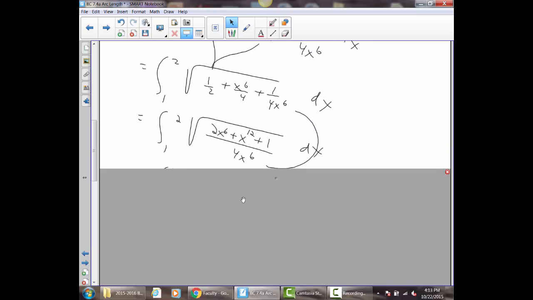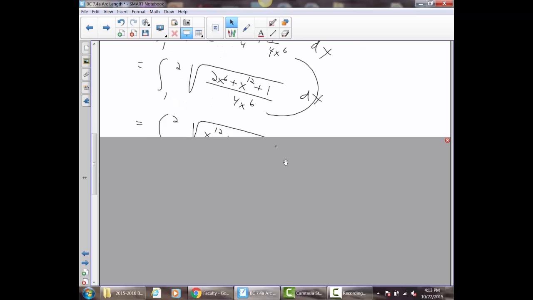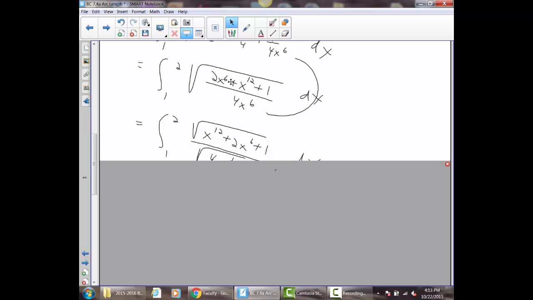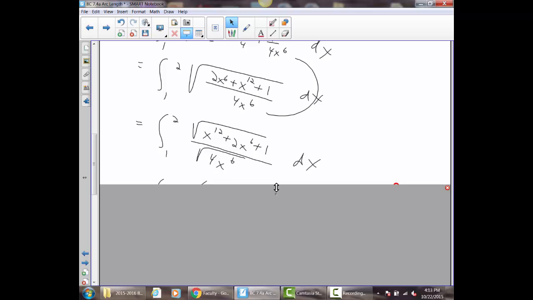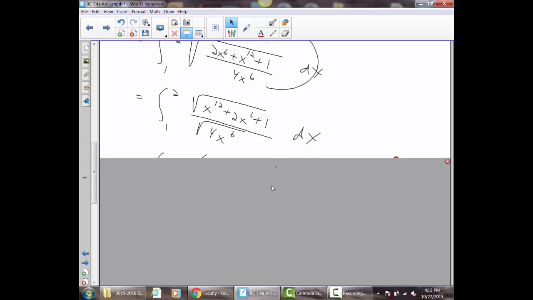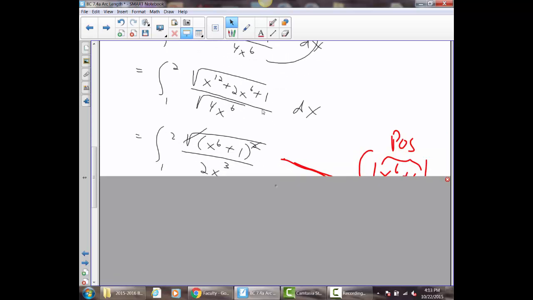And then the next thing you might notice is we can find a common denominator of 4x to the 6. And then if you're really observant and you rearrange this in order of decreasing exponents, you might notice, and I'm breaking up the square root of the top over the square root of the bottom, as it turns out, this is the square of x to the 6, that's the square of 1, that's double the product.